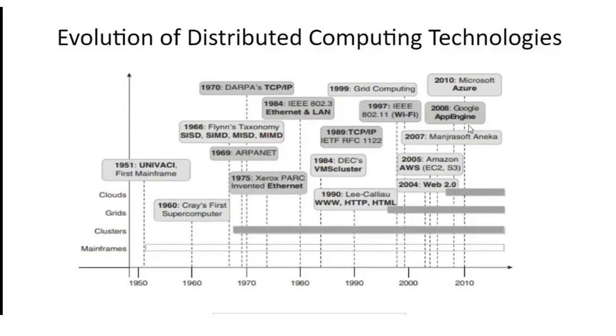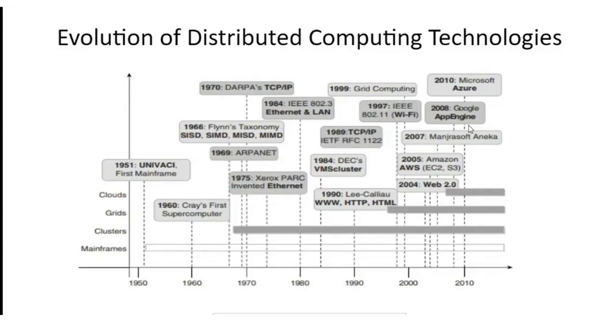Then we have the evolution of ARPANET, that acts as the backbone for everything. Then the Ethernet, then before that Flynn's taxonomy, which uses single instruction, single data set, or single instruction, multiple data set. You have studied this in distributed systems, I think in the last sem.